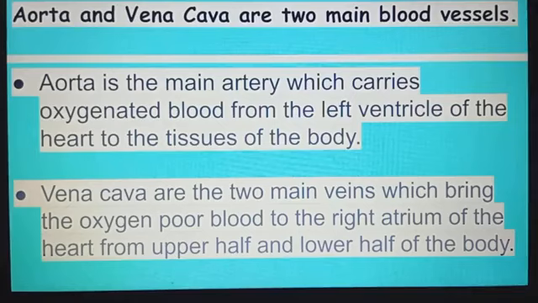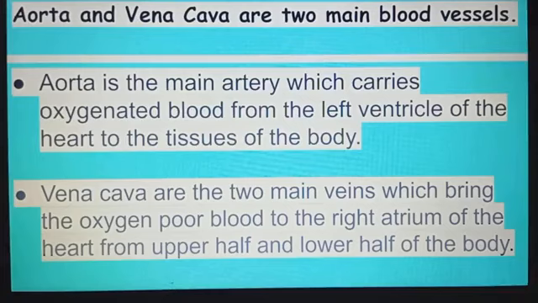And as you know, the work of veins is to collect the oxygen poor blood from the different parts of the body and bring it to the heart. So it is the vena cava, the two main veins, that bring the blood to the right atrium of the heart from the upper half of the body and the lower half of the body.